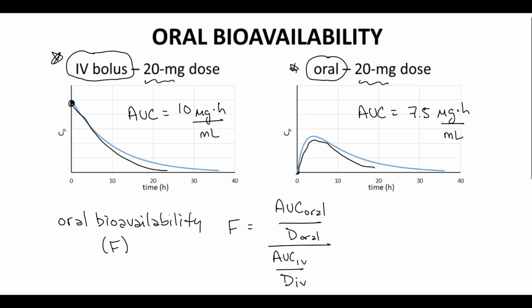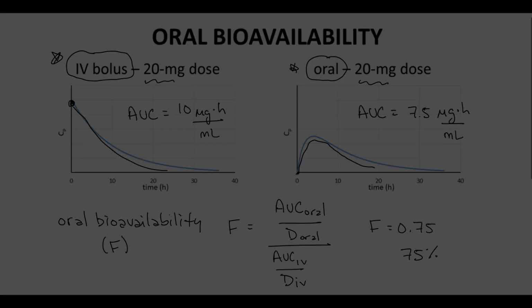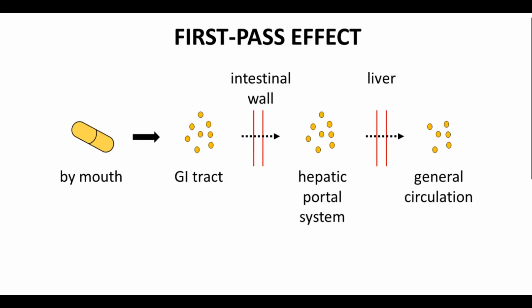F is a number between 1 and 0 and is often listed as a percentage. For the drug in these curves, F is equal to 0.75 or 75%.